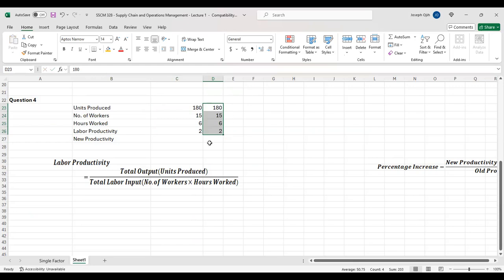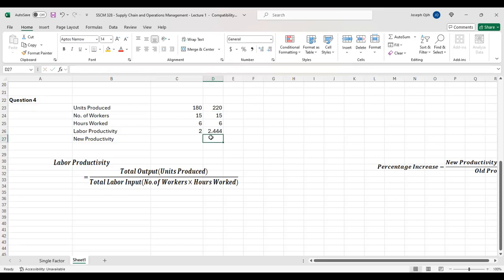So all we have to do now is change this to 220, and since we did the calculation already, the formula will just translate. See, 2.44.